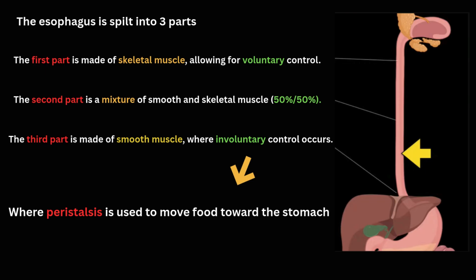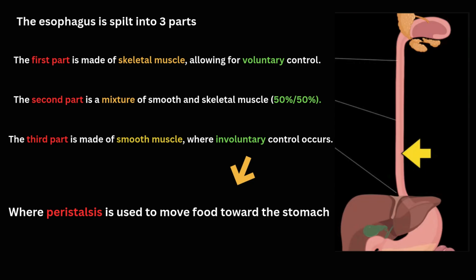Now, going on to the esophagus, I've split this into three parts. The first part, the very top, is made out of skeletal muscle. For example, with skeletal muscles like your bicep, you're able to contract them, move them and control them. That's voluntary movement.